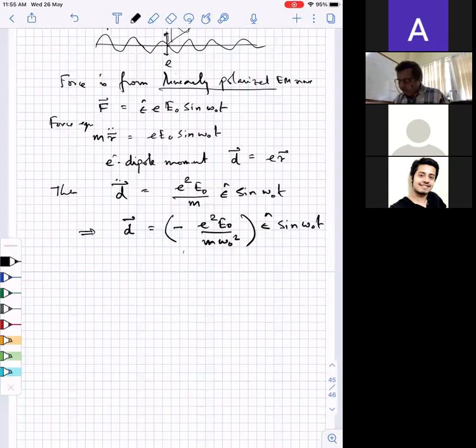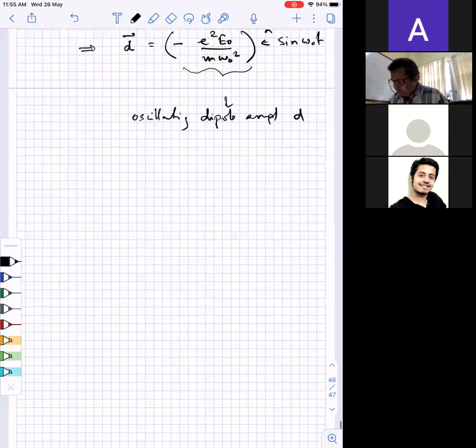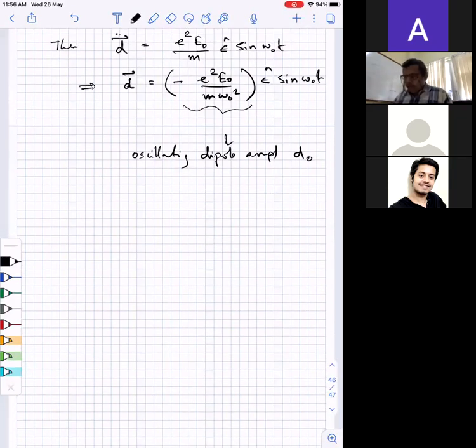So this thing is the oscillating dipole amplitude. You can call it D0.